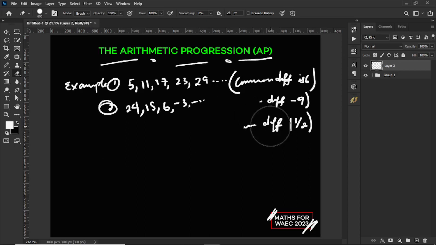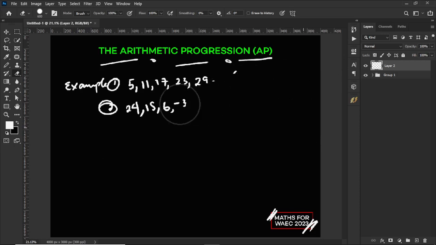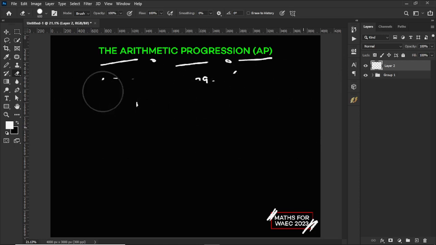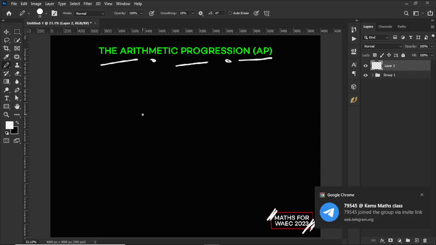In arithmetic progression, each member is called a term.